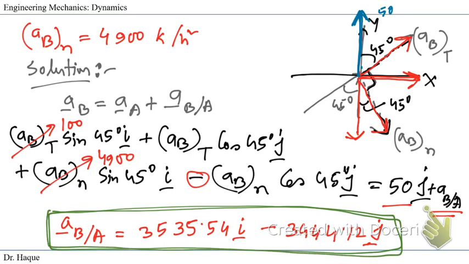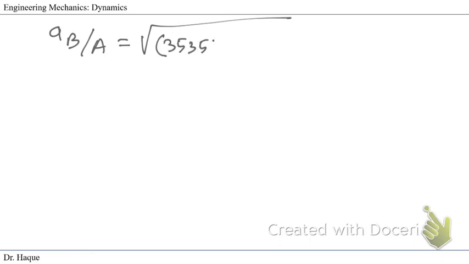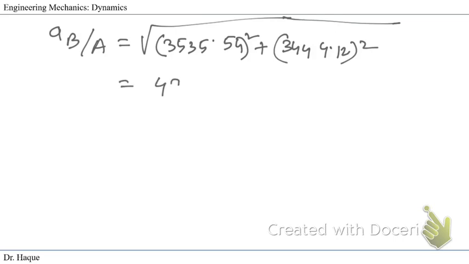So now we can find the angle and magnitude. To find the magnitude, A B over A gives us the square root of 3535.54 whole square plus 3444.12 whole square, which will give us 4885.44 km/h square.